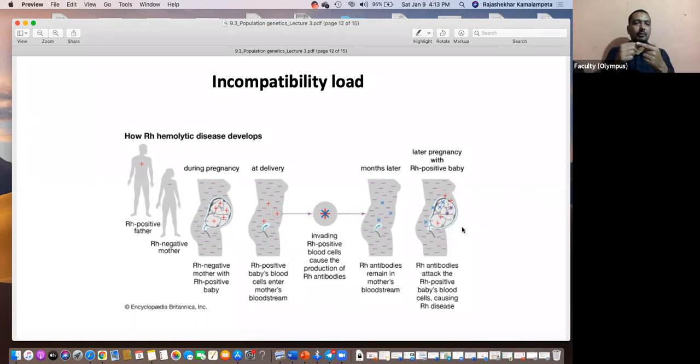Then the problem will begin. The baby's blood will be attacked by the antibodies present in the mother's blood. Rh antibodies attack the Rh positive baby's blood cells, causing Rh disease.